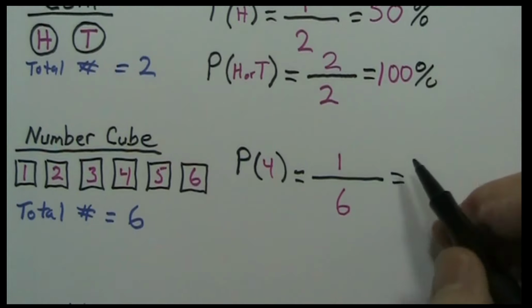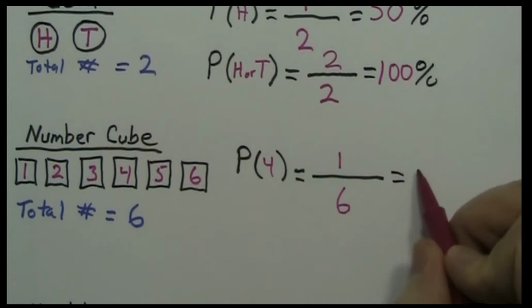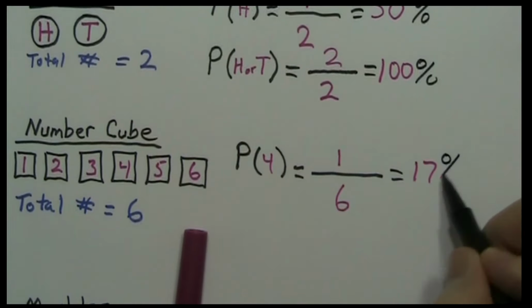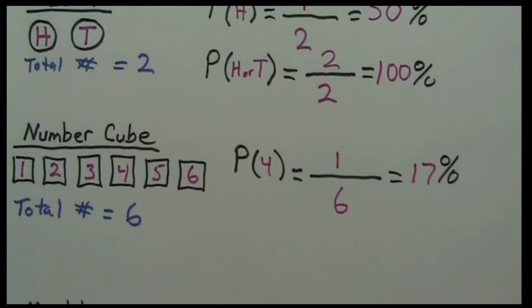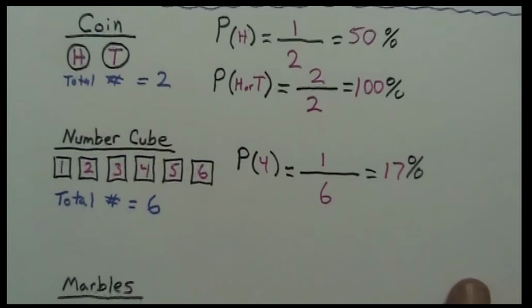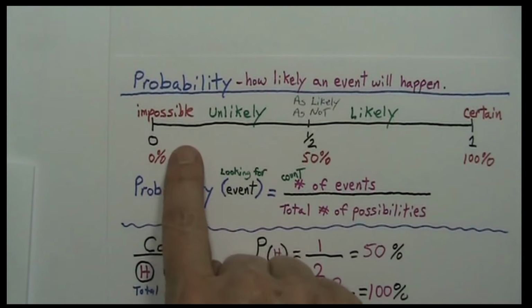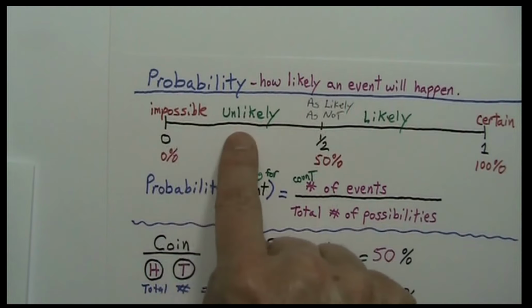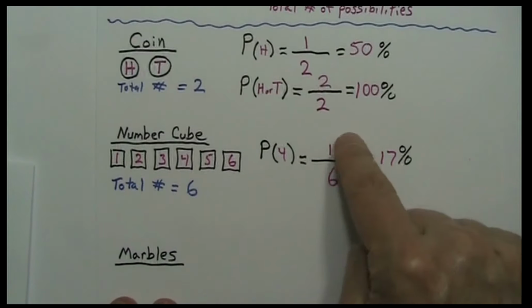I'm going to round it off to a whole number, so it's 17%. 0.17 is the same as 17%. So is it likely that you would roll a 4? If I go down here at 17%, that's clear over. It's very unlikely. It's not impossible, but it's unlikely that I would roll a 4. My chances are 1 out of 6.